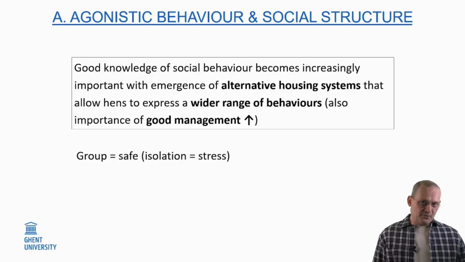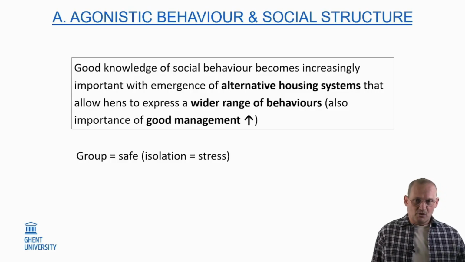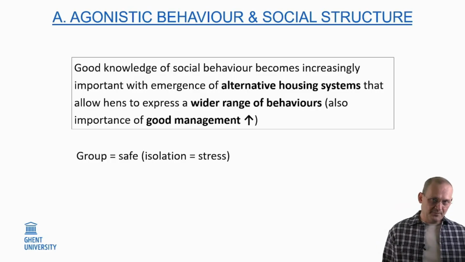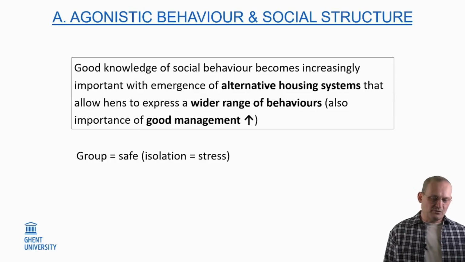And the importance of good management of the flock is becoming more important. It's very important, if we talk about agonistic behavior and the social behavior of chickens, to realize that for a chicken, being in the group means safety, and being isolated from the group is very stressful for the animal.